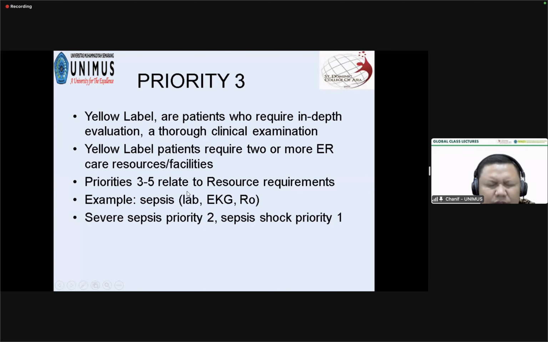But if the patient has severe sepsis, it can be considered priority 2. But if the sepsis has become shock condition, it can be priority 1. It is based on the condition. So even though it is a sepsis patient, the condition is different. So we can use this for the triage.